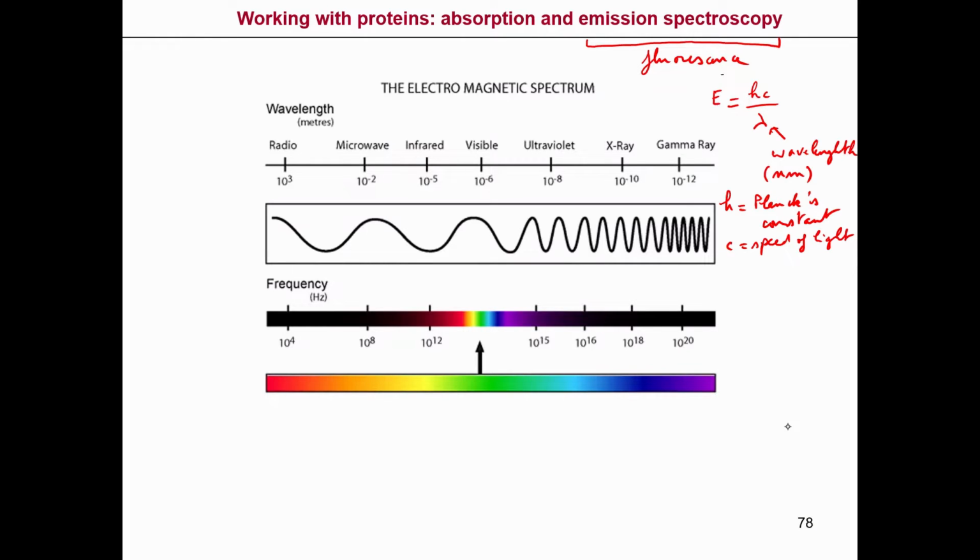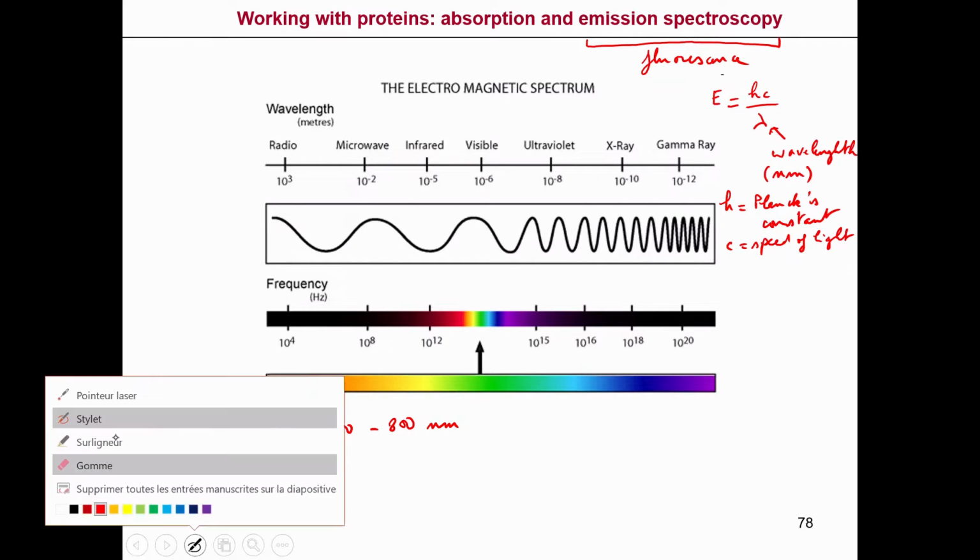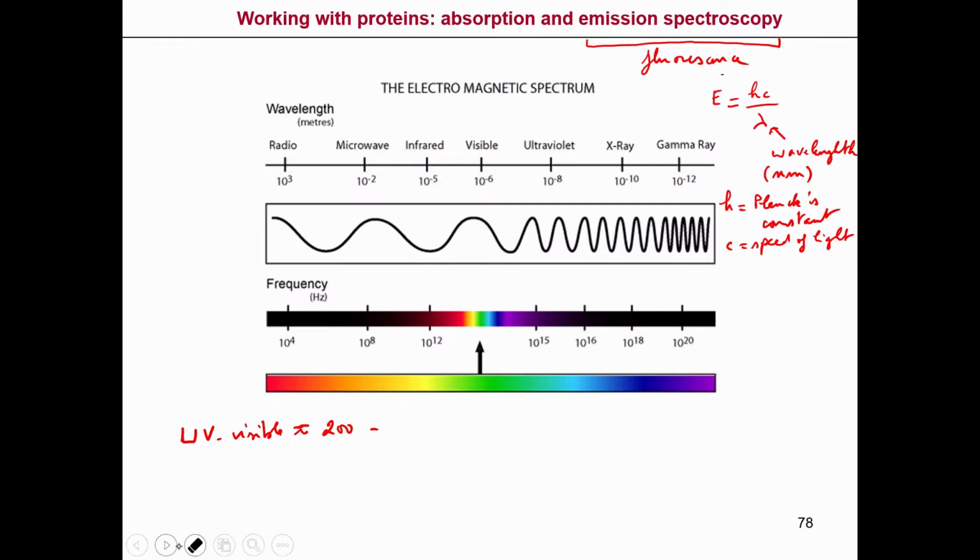We have the UV-visible range, between 200 and 800 nanometers.